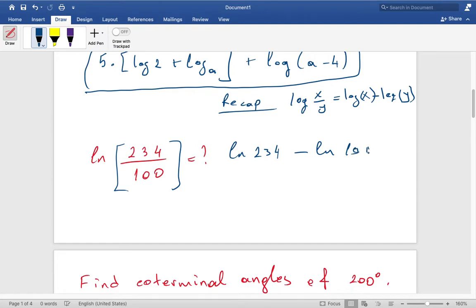And then by using my calculator, I'm finding the function ln, so let me write ln 234 minus ln 100. So directly it gives me approximately, let's say, 0.85. That's it.